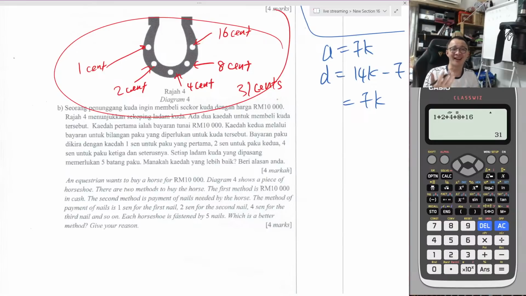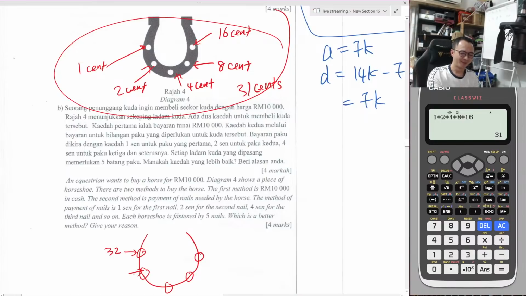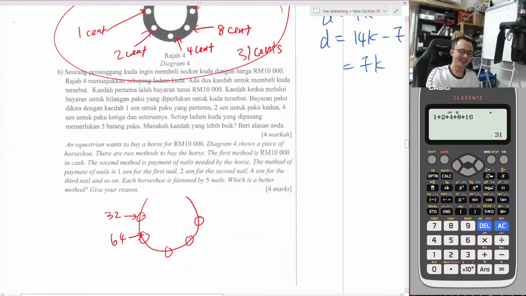Yeah, this is the scary part about the compound, about the geometric progression, because the second leg you're going to pay a lot more. Because for the second leg you have another 5 nails, isn't it? Since this is continuous, this one will be 32 cents, this one will be 64 cents, this one will be 128 cents, 256 cents, and 512 cents. And it keeps on going. So you get the idea, right?